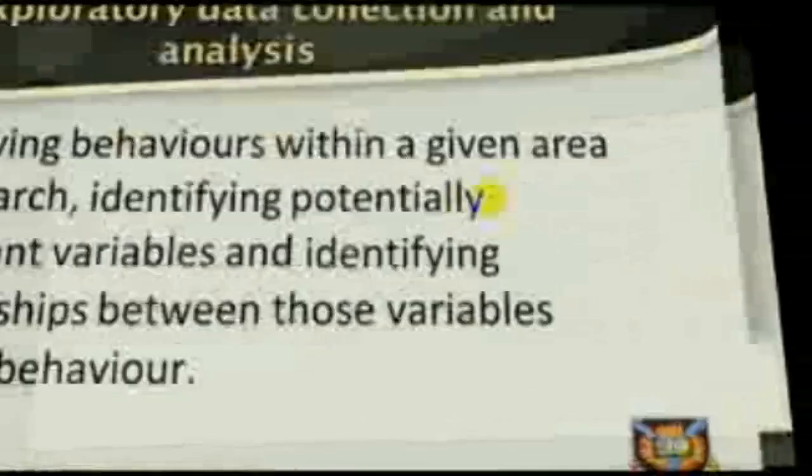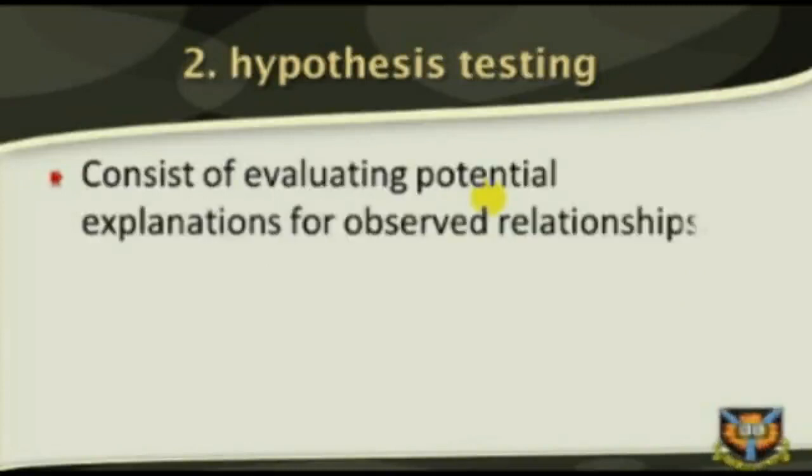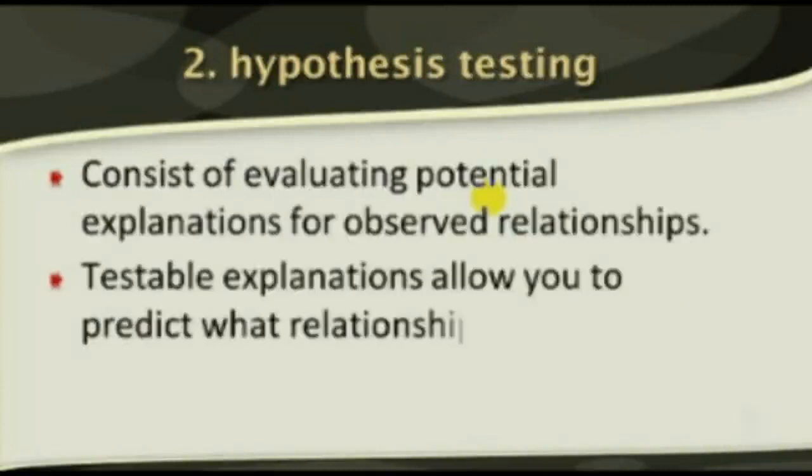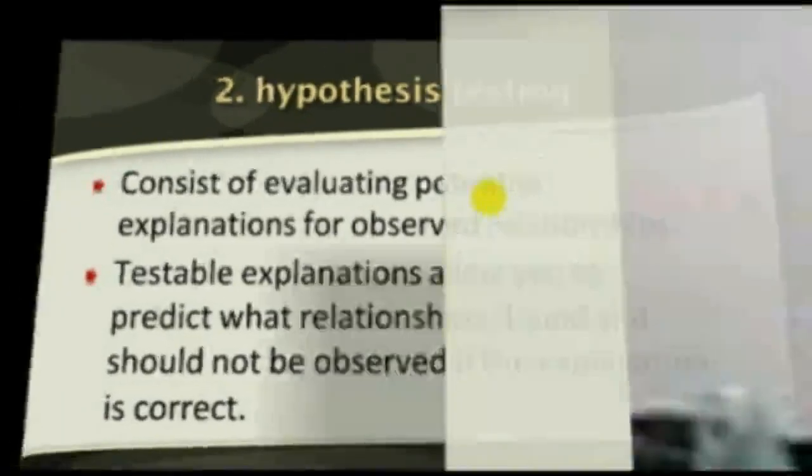The second activity, called hypothesis testing, consists of evaluating potential explanations for observed relationships. Testable explanations allow you to predict what relationships should and should not be observed if the explanation is correct. Hypothesis testing usually begins after you have collected information about the behavior to begin developing supportable explanations.